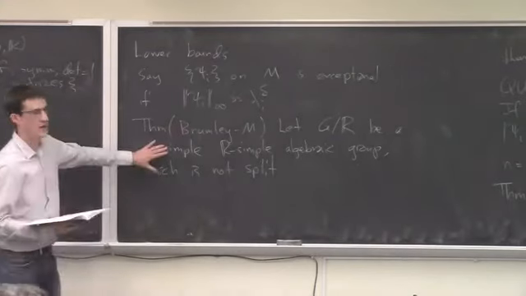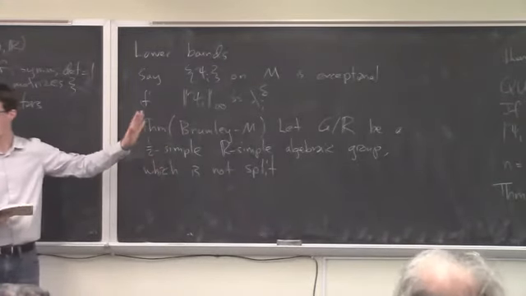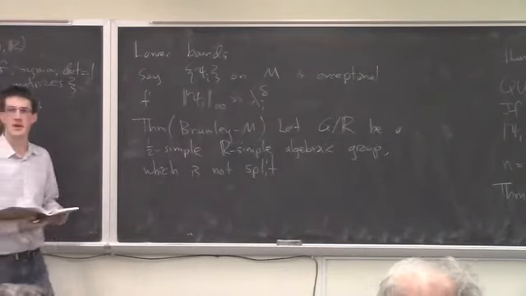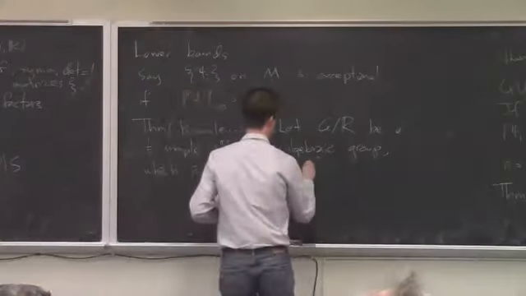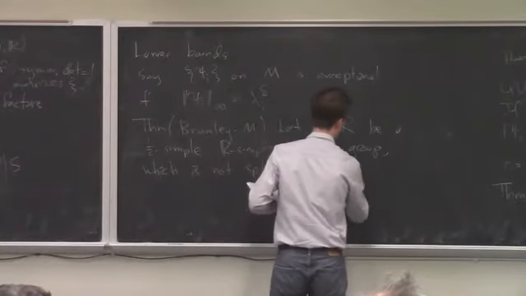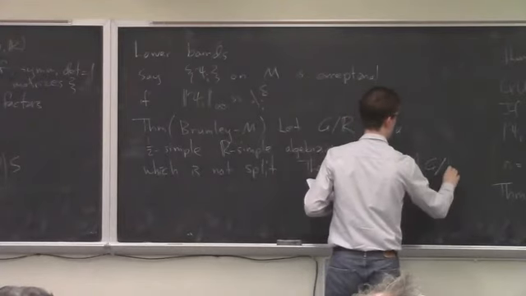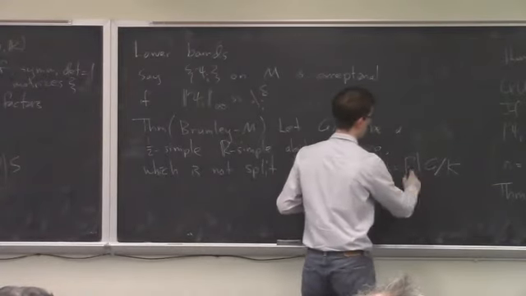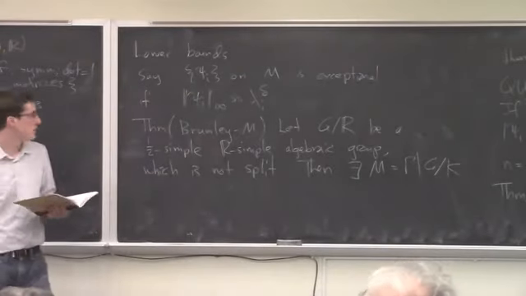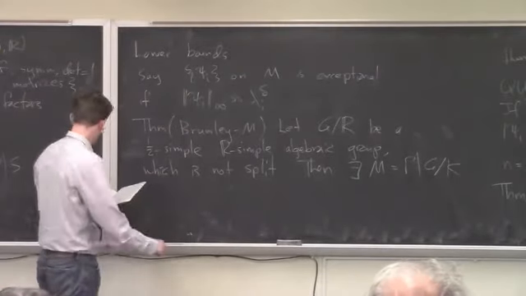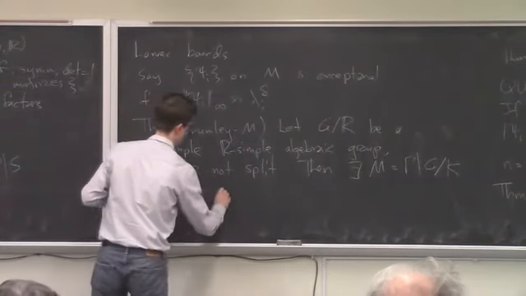Now, don't worry about this sentence too much if you don't understand it. After stating the theorem, I'm going to give a whole bunch of examples, but these are the technical conditions. Then there exists a manifold, some locally symmetric space coming from the group G, which has an exceptional sequence.